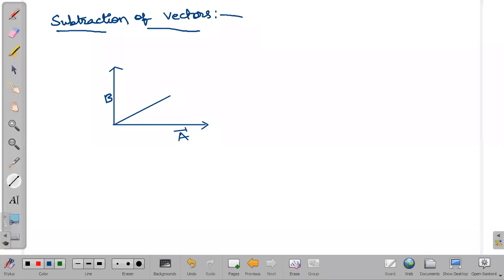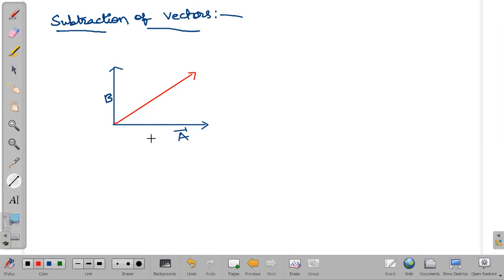According to the parallelogram law, the resultant will be along the diagonal. I will change color and write so that it is easy to differentiate. So this is the resultant of vector A and vector B.